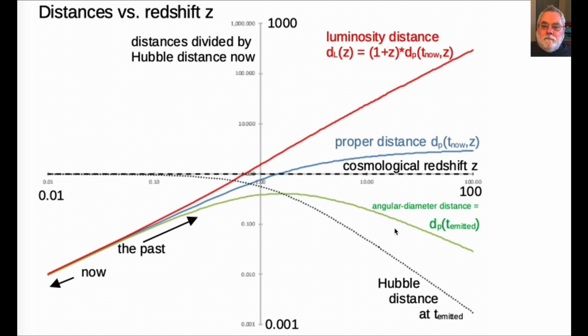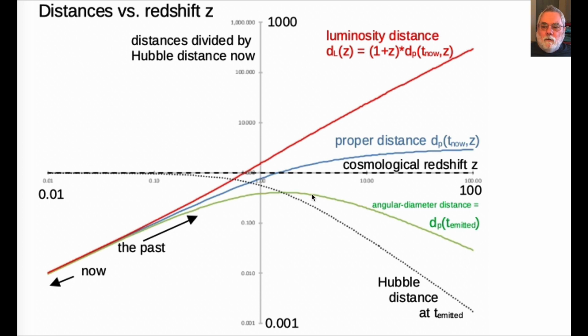The green curve is also the angular diameter distance, how far the galaxy seems from the angular diameter measurement of a standard ruler, such as the diameter of the largest galaxy in a supercluster. The galaxy is gravitationally bound, so its diameter is not expanding with the expansion of the universe.